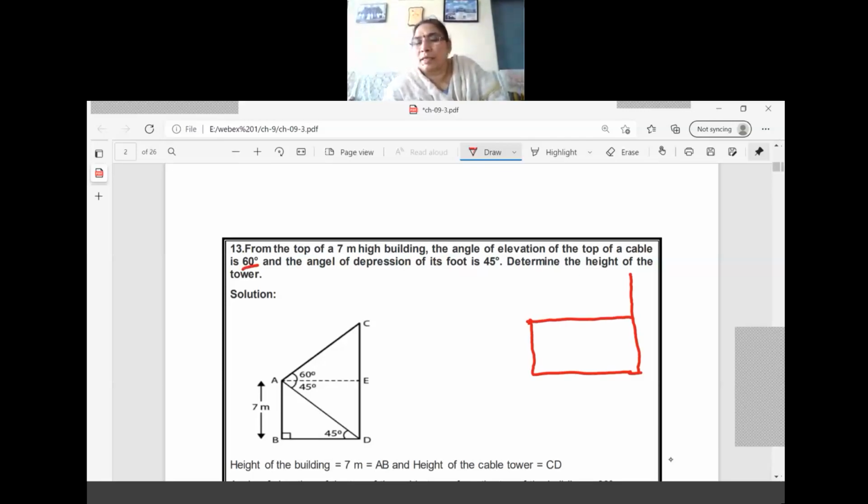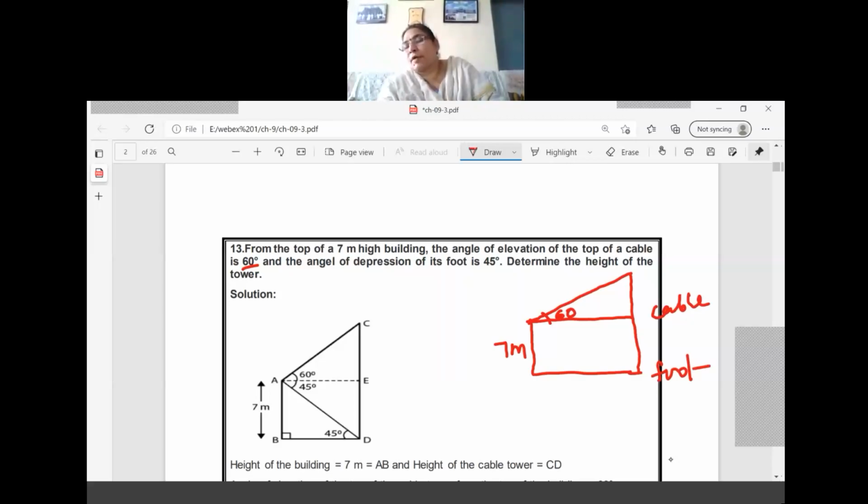So draw the horizontal line, and here it is. From the top of the 7-meter building only, not the bottom, we call it only the top. We are getting the angle of elevation to the top of the cable tower here, isn't it? So here we are getting 60 degrees. Now the angle of depression to the foot, so the foot here only, right?